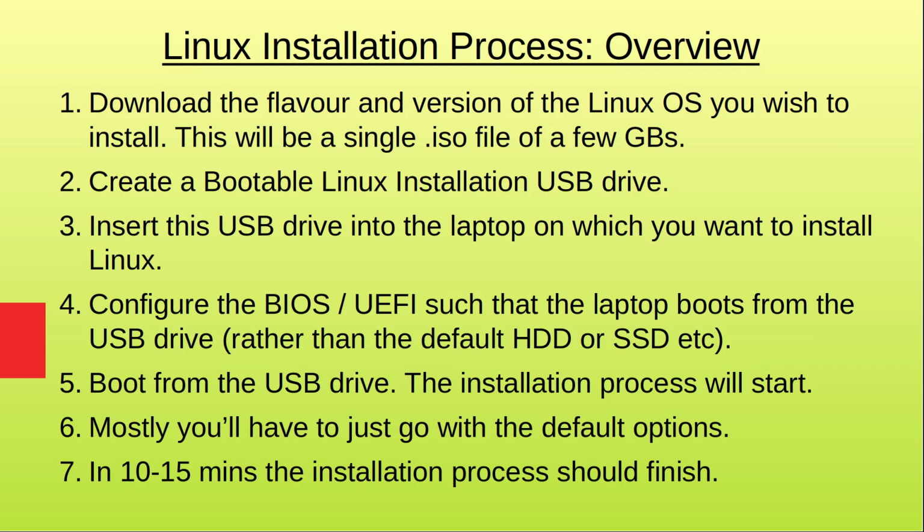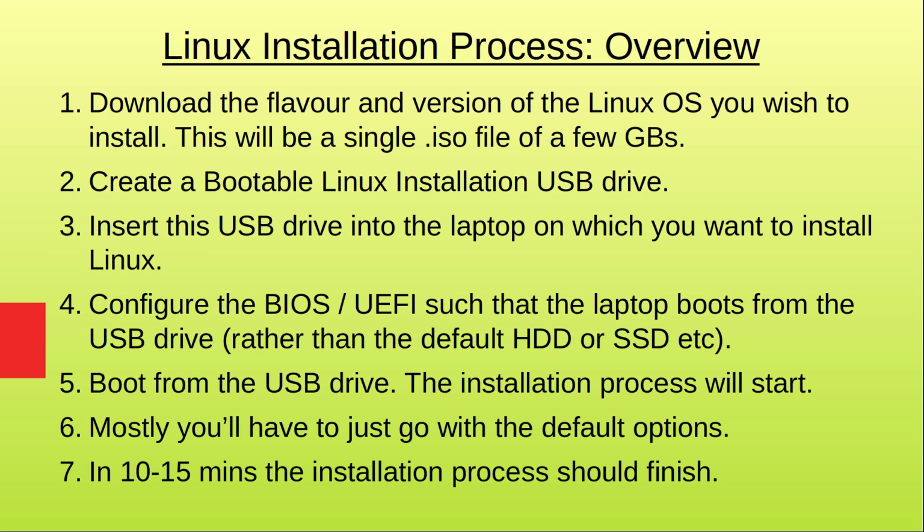So after you are done with this basic preparation, now the main steps will follow. First I will give an overview in this slide. First of all, choose which flavor and version of the Linux OS you want to install and go ahead and download the same from the internet.